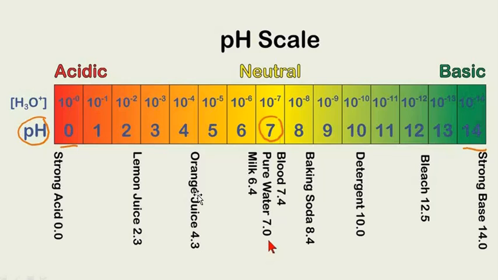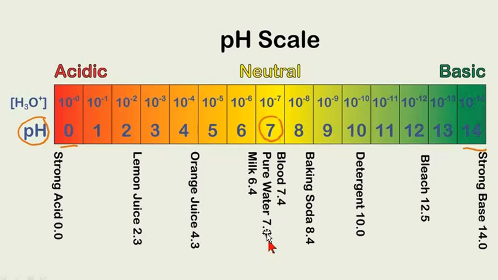If you take stomach acid, hydrochloric acid which is present in your stomach, it is strongly acidic in nature, so that pH ranges from 2 to 3 only. So that is the acidic solution. Then orange juice, the pH is 4.3. Milk is slightly acidic, that is 6.4. It's not neutral, slightly acidic.